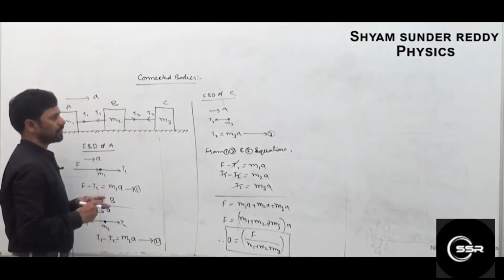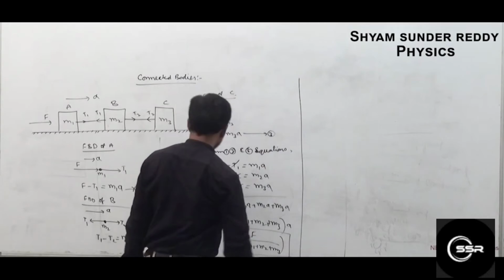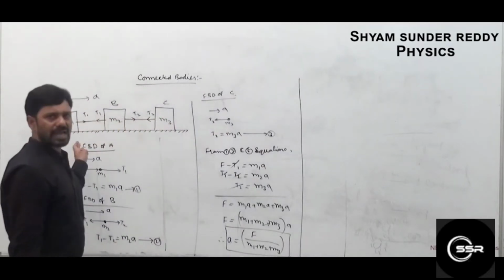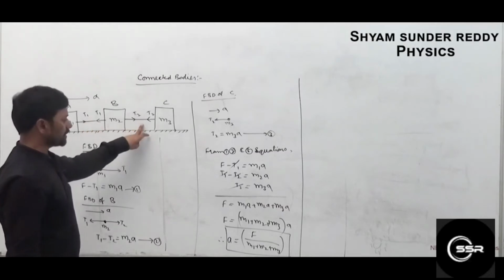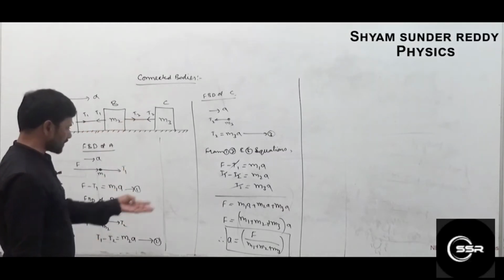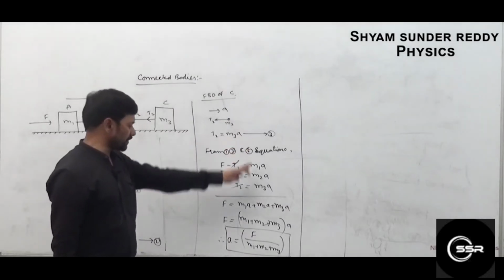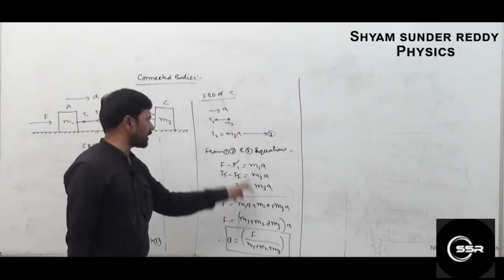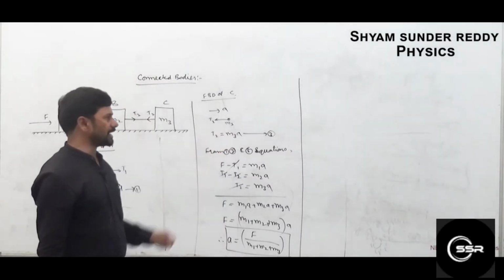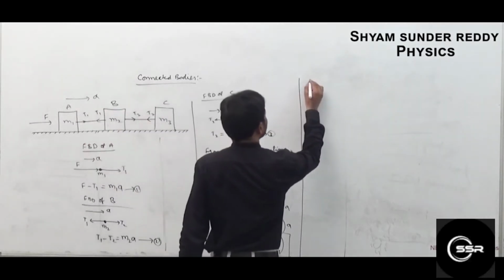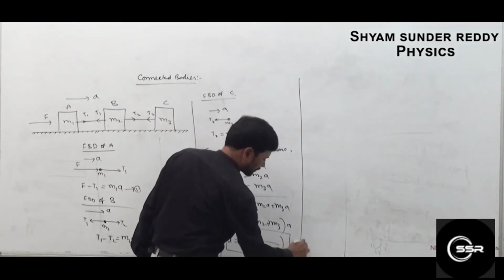Okay, next we want the T1 and T2 values between the blocks. From equations 1 to 3 we easily get them. T2 is equal to M3A. Just substitute the A value in the third equation, then you will get the T2 value directly. Take this as the fourth equation.